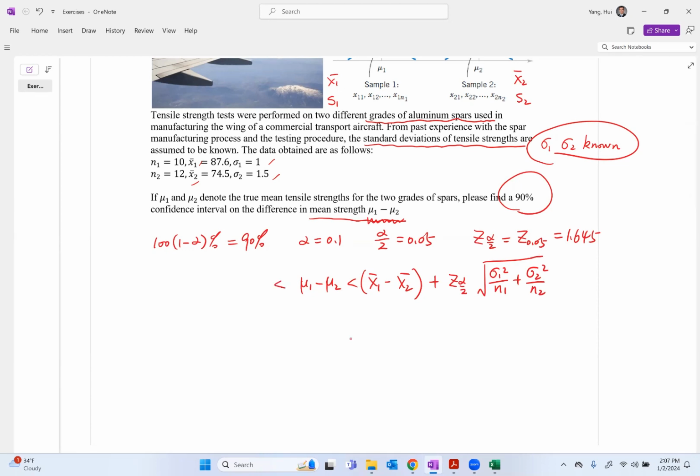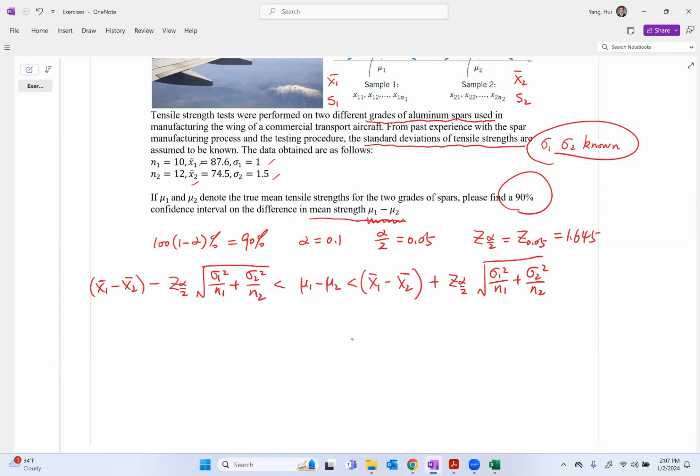And it will be greater than x1 bar minus x2 bar minus z alpha over 2 times the square root of sigma 1 square over n1 plus sigma 2 square over n2.